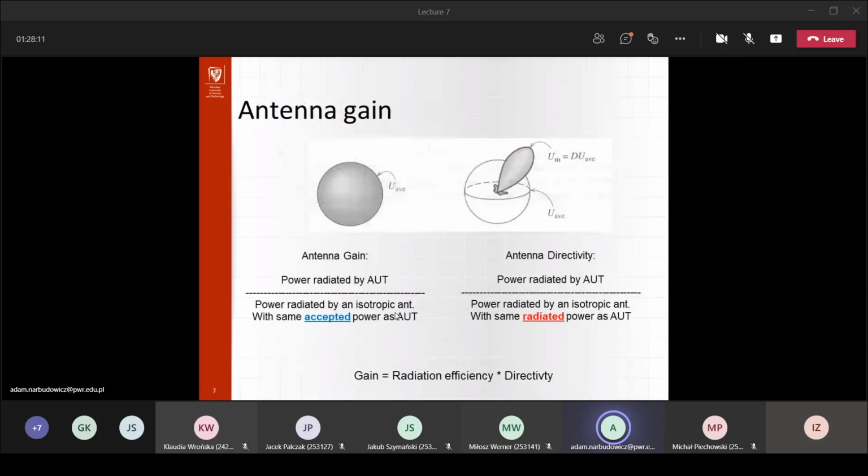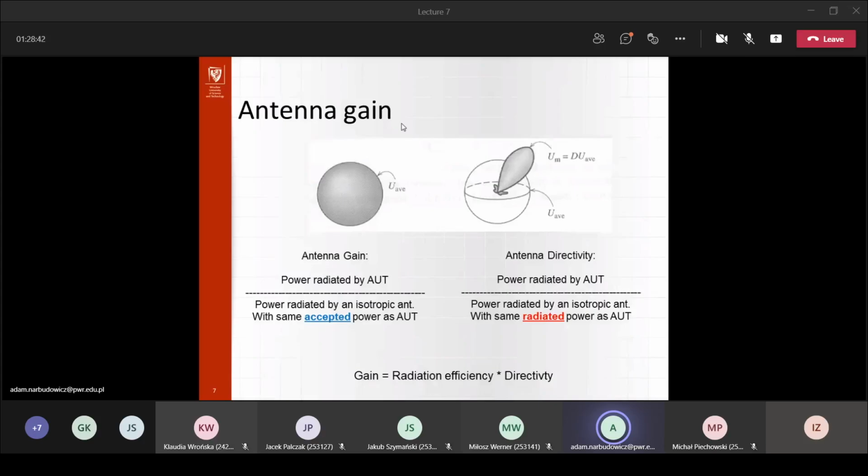Another important notion here, and again this is one of the aspects where the English nomenclature is not that good, is that when we speak about antenna gain, this is gain in the way of focusing energy, not as you would have amplification in an amplifier, right?